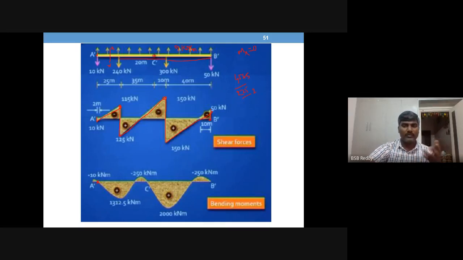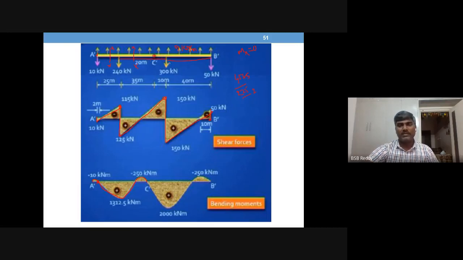It's like a beam. A girder is nothing but a heavy beam, right? So this parabola shall reach 0 and then going for 0 here. So likewise you have to take different sections between different parts. So between A dash and the point load, and between the point load and C dash you need one more section.